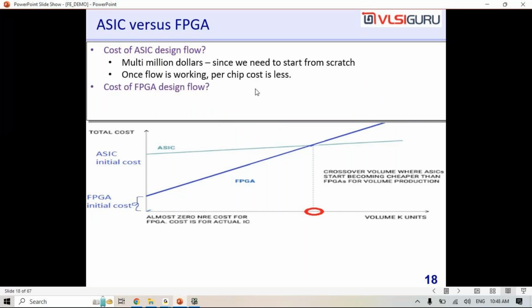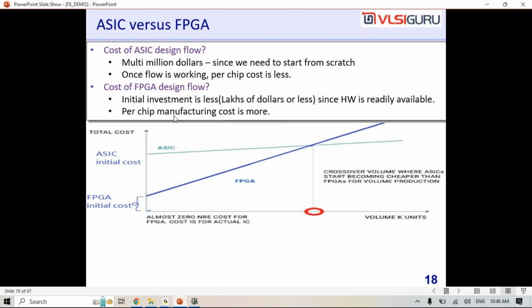Whereas in FPGA, the initial investment is less. Why? Because hardware is readily available. The initial investment is maybe a few lakhs of dollars, but per chip cost will be more. I mean, manufacturing per chip will be more.